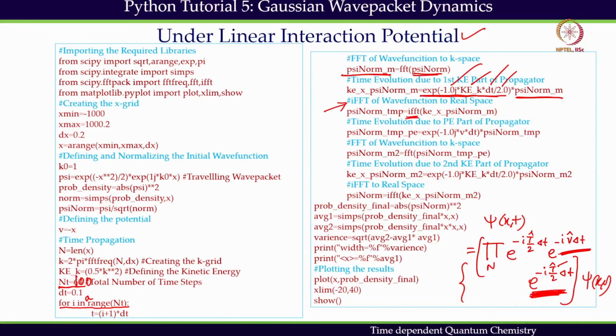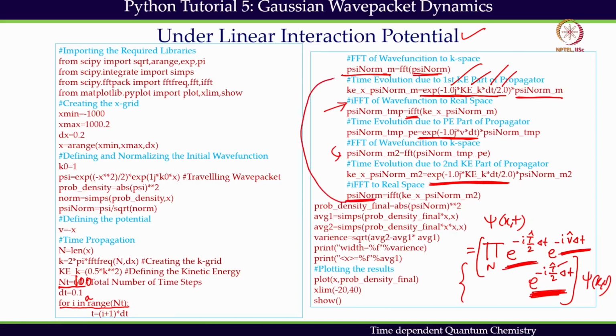Once we get the position space wave function, we employ the potential part of the split operator, and then again we have to carry out the kinetic energy part. So we again apply the FFT, the fast Fourier transform, to get the wave function in the Fourier domain, and then employ the last kinetic part of the split operator, and then finally we get this psi norm.